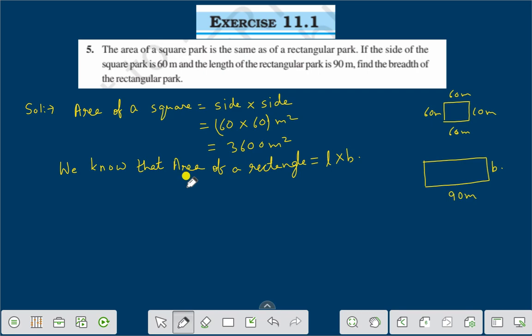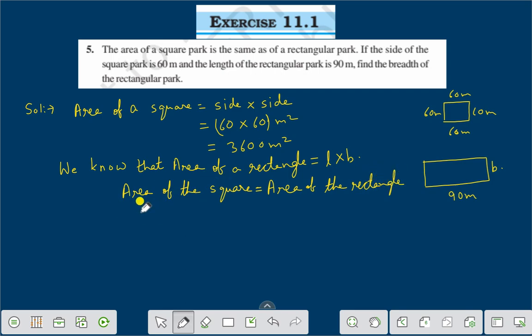And it is given also that area of the square is equal to area of the rectangle.